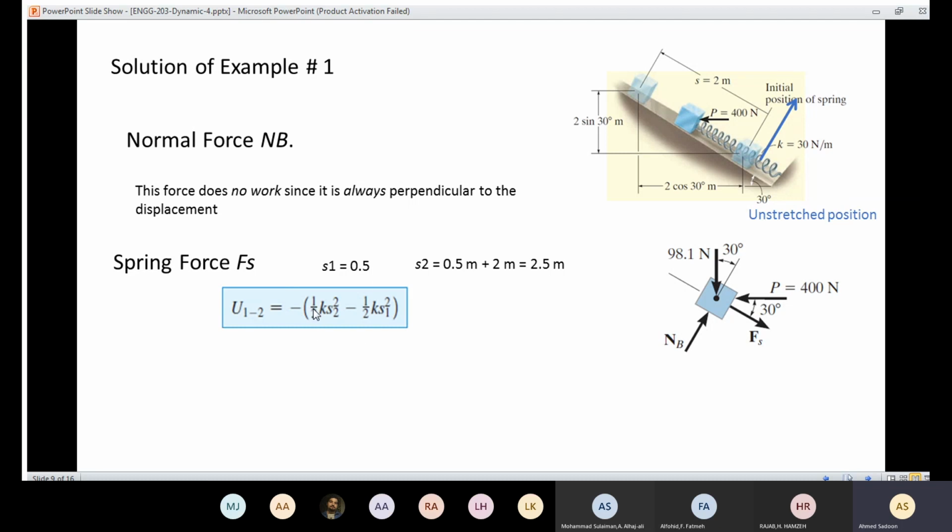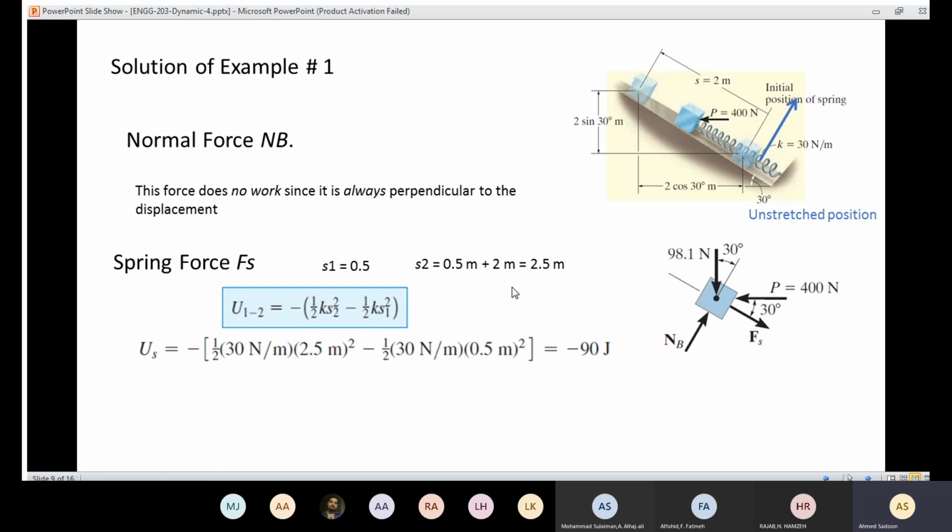I need to know the value of K, which is given as 30 Newton per meter. The value of S1 is 0.5, and the value of S2 is 2.5 meters. I'm going to substitute all of this, and the value of the work done by the spring came out to be minus 90. It's negative because the spring applies a force opposite to the direction of the displacement.